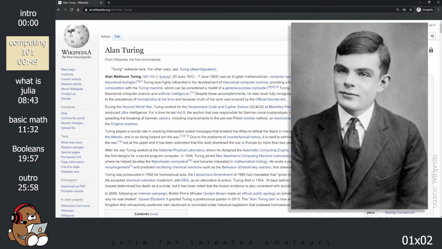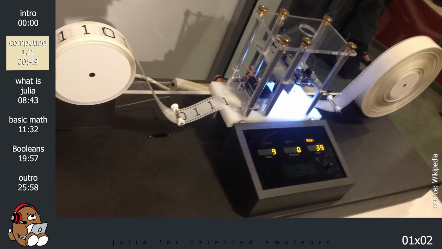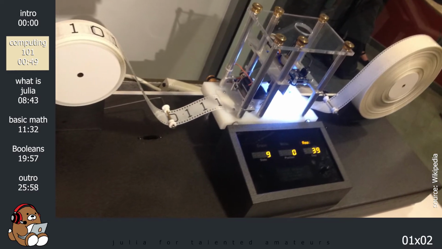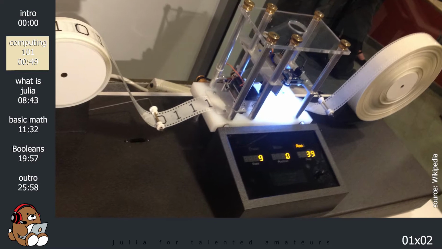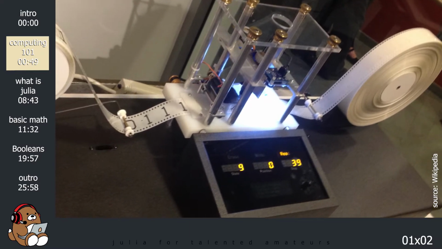What is it? The concept of the modern stored program computer can be traced back to the English computer scientist Alan Turing. He published a paper in the 1930s that included his theoretical notion of a universal machine, which we now know as a universal Turing machine. In the early 20th century, mathematicians were exploring whether or not it would be possible to solve any calculation following a set of rules.